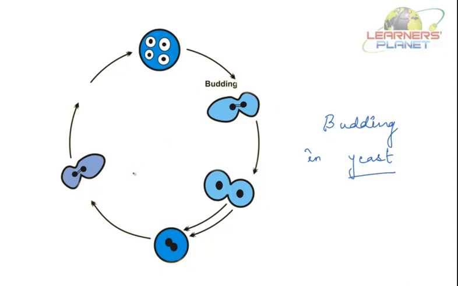So here you can see that this is the first stage, right? This is one such cell. Because of this, budding occurs, and then it starts to divide into two, right?